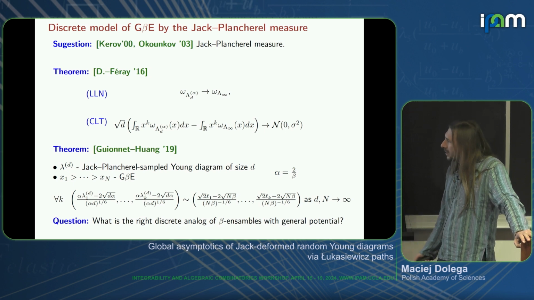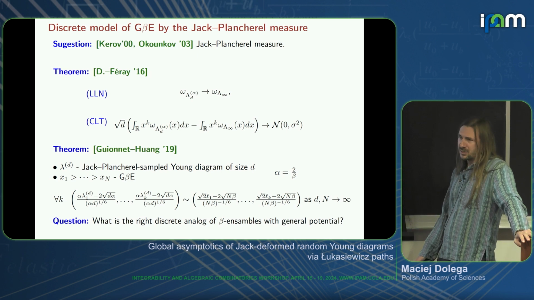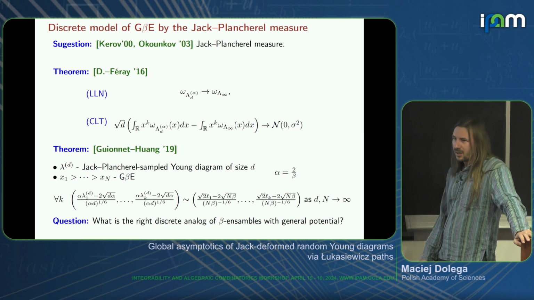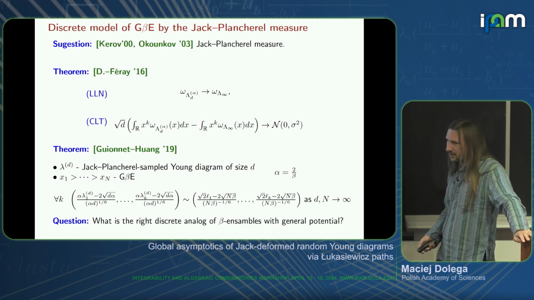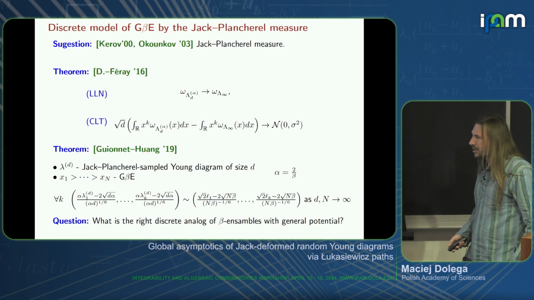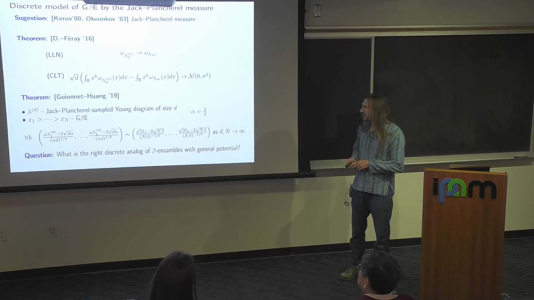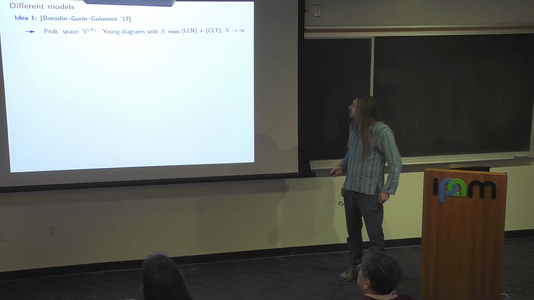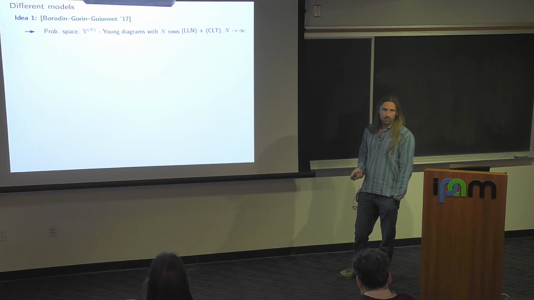It turned out that when you try to answer this question, it really depends where you come from. So there is not one obvious way to define a model that makes sense and has all the nice asymptotic properties. And this is indeed what happens. So there are several different models, and all of them are different.